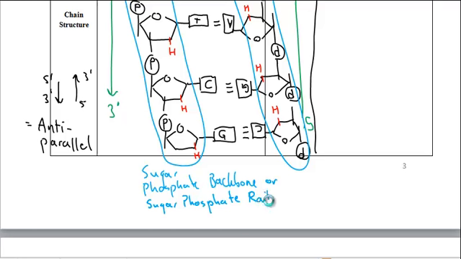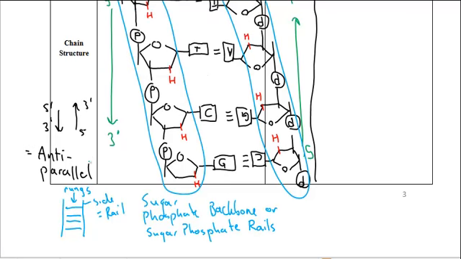The rails are the sides of the ladder. So just in case you forget, just like the rail on a stair is the side that you hold on to, whereas this part you're supposed to put your feet on, those are the rungs. Fortunately, many of us grab onto the rungs with our hands, but that's not the intent.